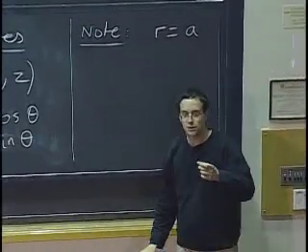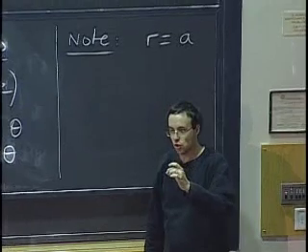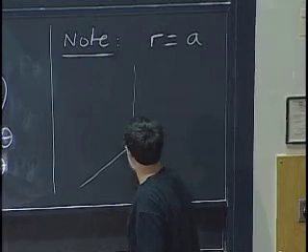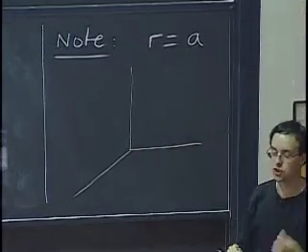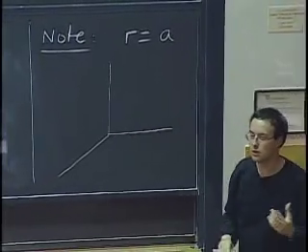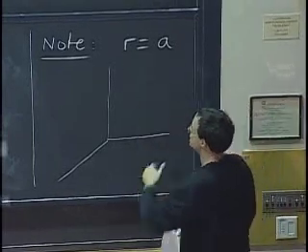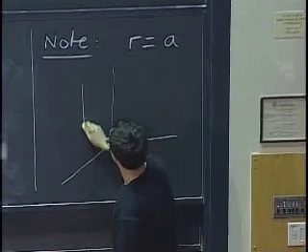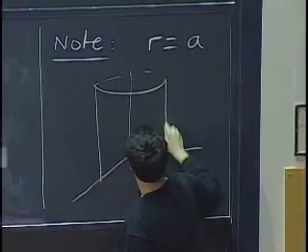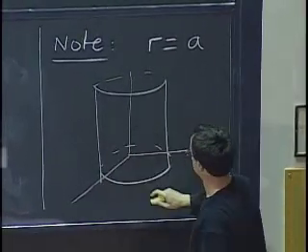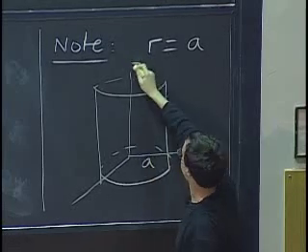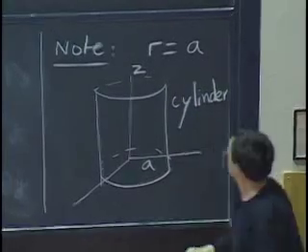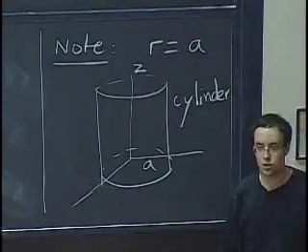So r equals 1 in 2D used to be just a circle of radius 1. Now, in space, a single equation actually defines a surface, not just a curve anymore. And the set of points where r is a, that's all the points that are at distance a from the z-axis. So in fact, what you get this way is a cylinder of radius a, centered on the z-axis. So that's why they're called cylindrical coordinates.